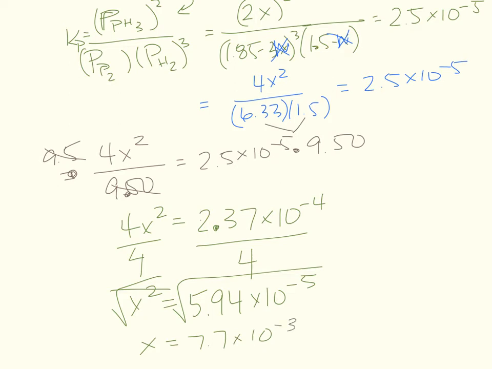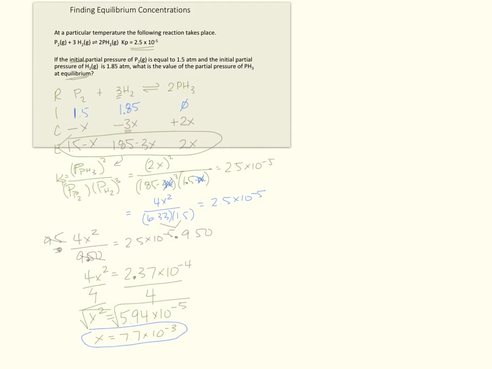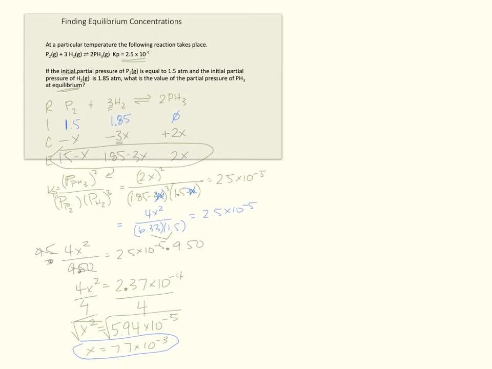All right. So now I need to shrink this stuff down so that we can see this. I'm going to go ahead and circle this so we can find it quickly. And we want to find the partial pressure of PH3. And so we found x. This is x right here.